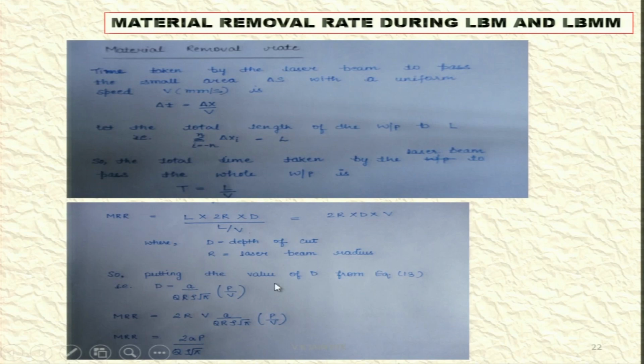Putting the value of D from equation 18, D is equal to A over Q R rho, square root of pi, into P divided by V. So MRR becomes finally 2R into V into A over Q R rho, square root of pi, P over V. If you simplify, you get finally 2A P over Q into square root of rho over pi.